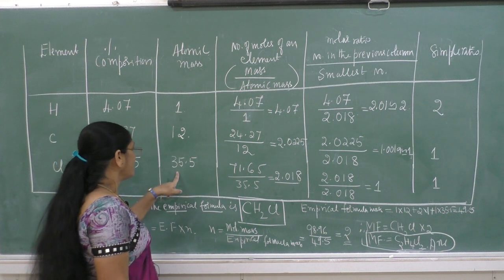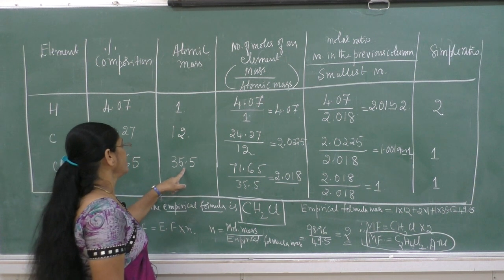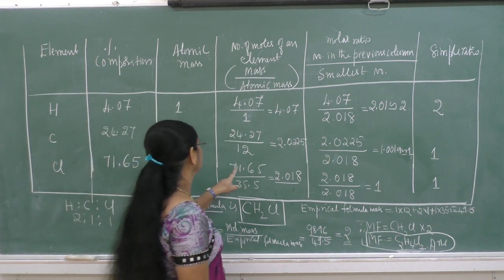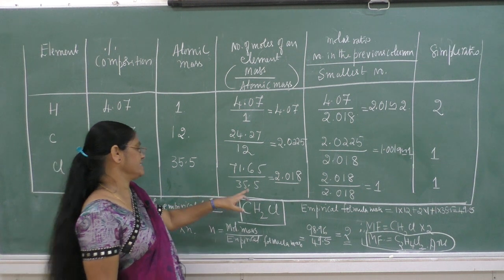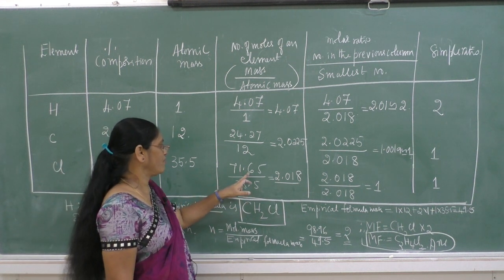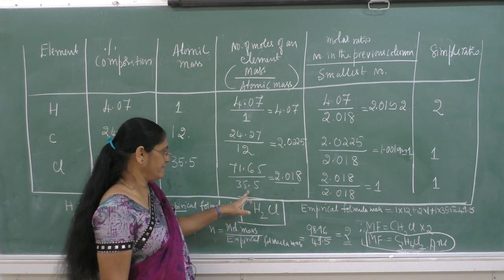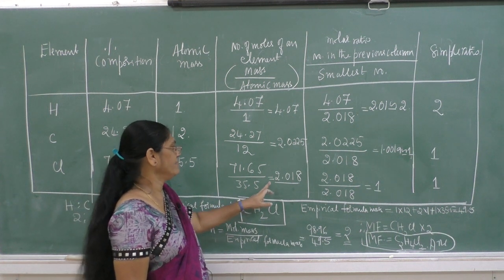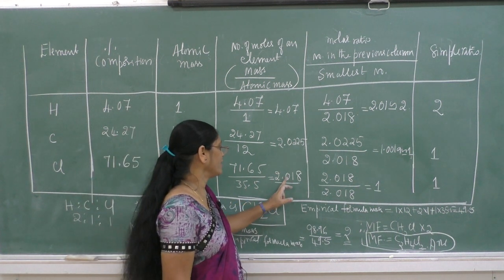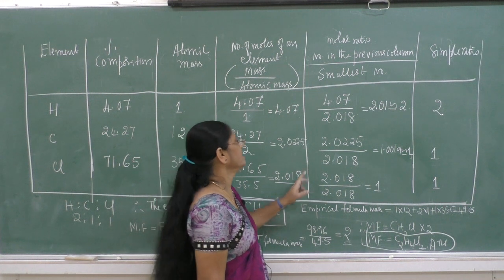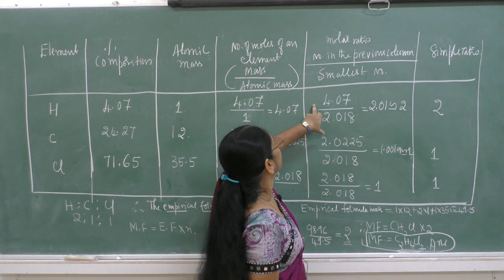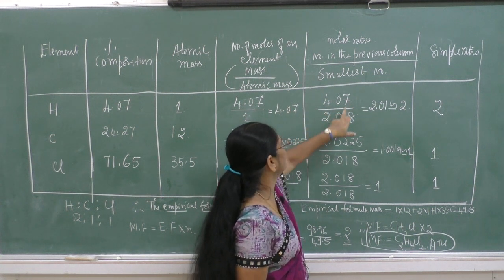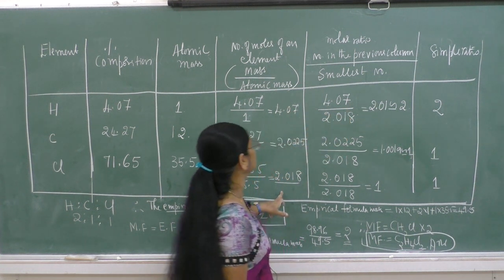Then its atomic mass is 35.5. The number of moles of chlorine is equal to 71.65 divided by 35.5, that is equal to 2.018.